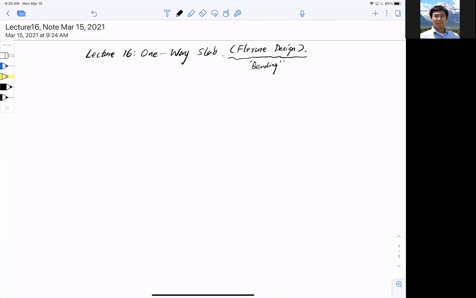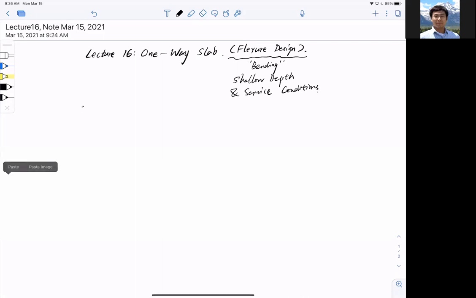And the reason why this is different from the beam, and we'll show you, is because of the low depths, shallow depths, and service conditions, okay? Because the slab has different function than beams. So there are a lot of requirements that is different from the beam. We'll talk about them. Okay.